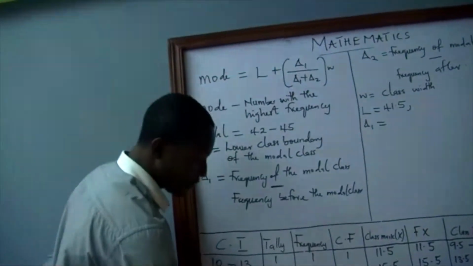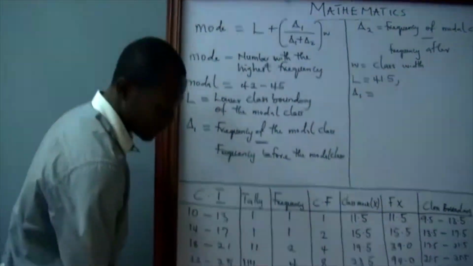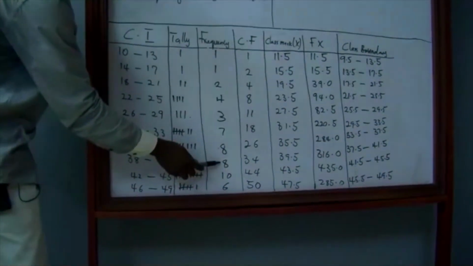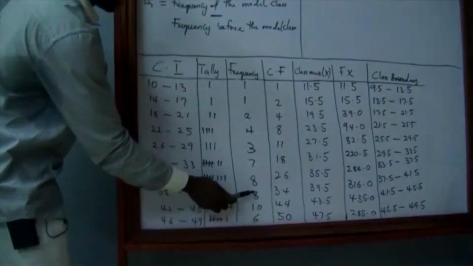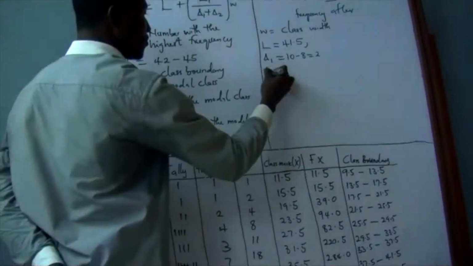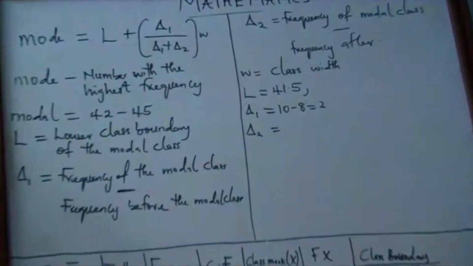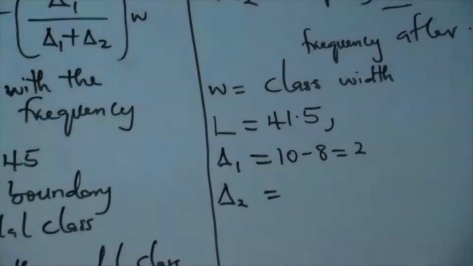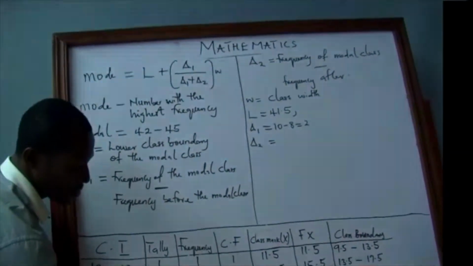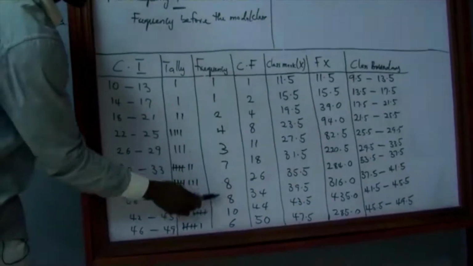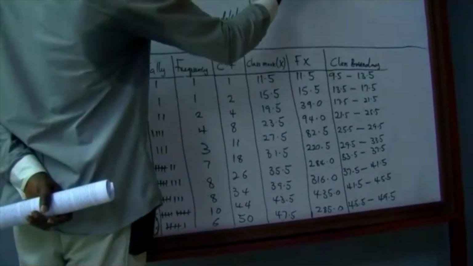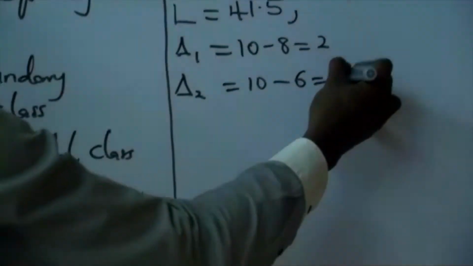The frequency of the modal class is 10, and the frequency before it is 8. 10 minus 8 is 2. Delta 2 is the frequency of the modal class minus the frequency after it, and that is 10 minus 6. Don't forget, this is the frequency column. 10 minus 6 is 4.